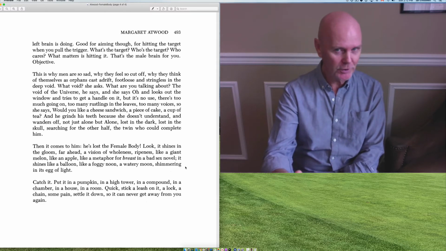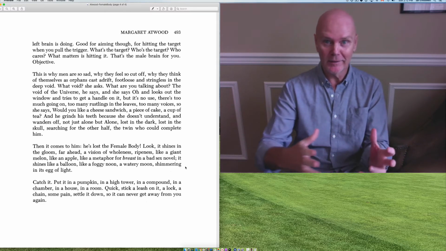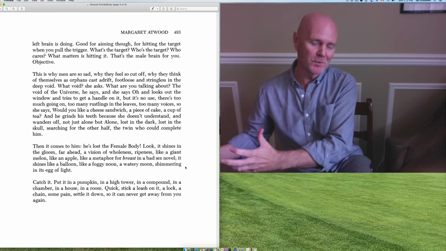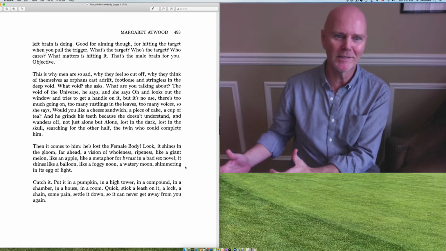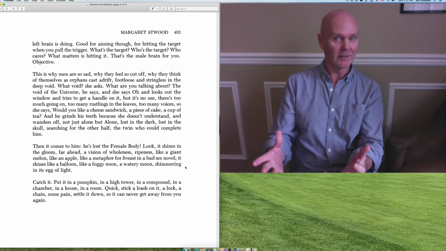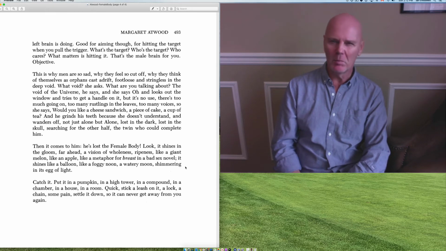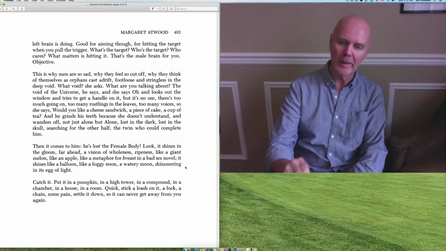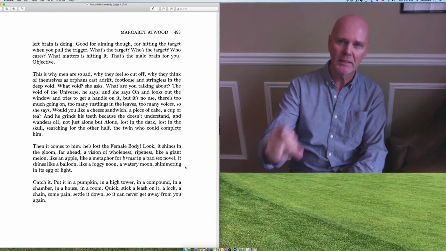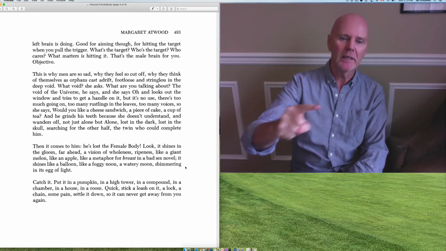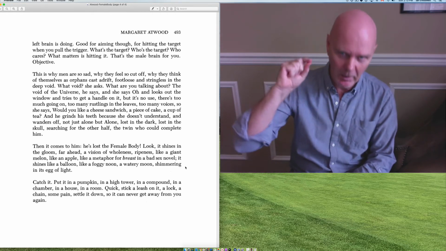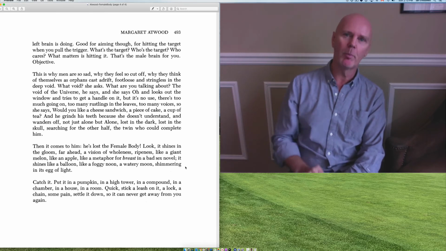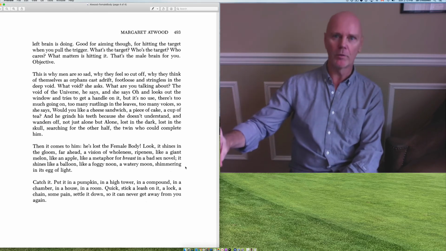It's an allusion to fairy tale and how we bring up our children to think about gender in this sense. In a compound, it's getting darker, isn't it? In a chamber, in a house, in a room, quick, stick a leash on it, that impersonal object pronoun, a lock, a chain, some pain. We've got the rhyme going here, guys. Settle it down so it can never get away from you again. Bang. There's the punch set up by the rhyme.